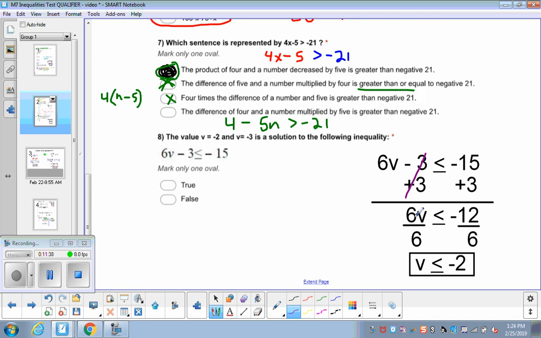Then, because we have a coefficient of 6, we divide both sides by 6. It wasn't a negative number, so I do not flip the symbol. Negative 12 divided by 6 is negative 2. Now we want values that are less than or equal to negative 2. Both negative 2 and negative 3 are smaller than or equal to negative 2. So this one would be true.